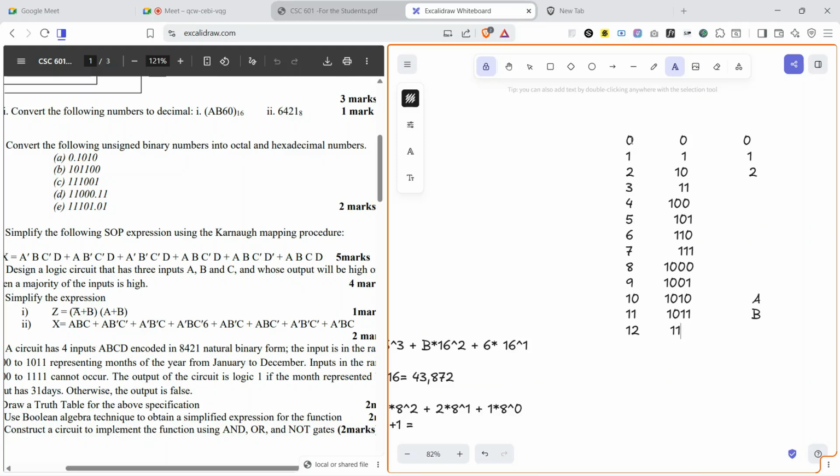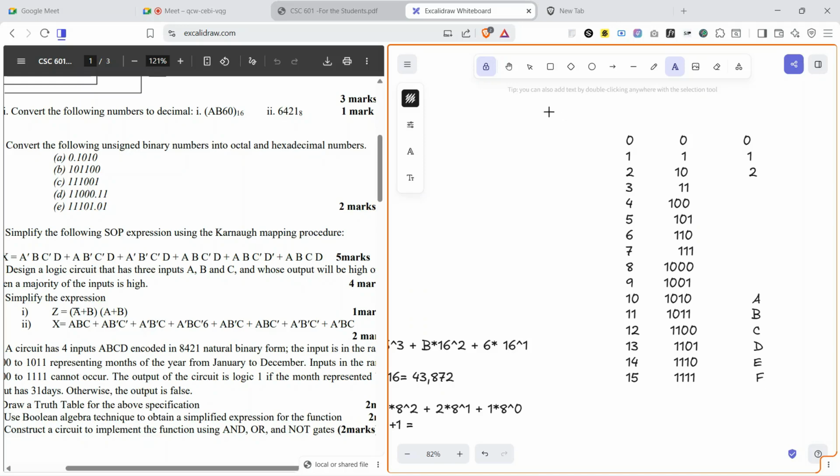12 is 1 1 0 0, which is C. 13 is 1 1 0 1, D. 14 is 1 1 1 0, which is E. 15 is 1 1 1 1, which is F. Yes.